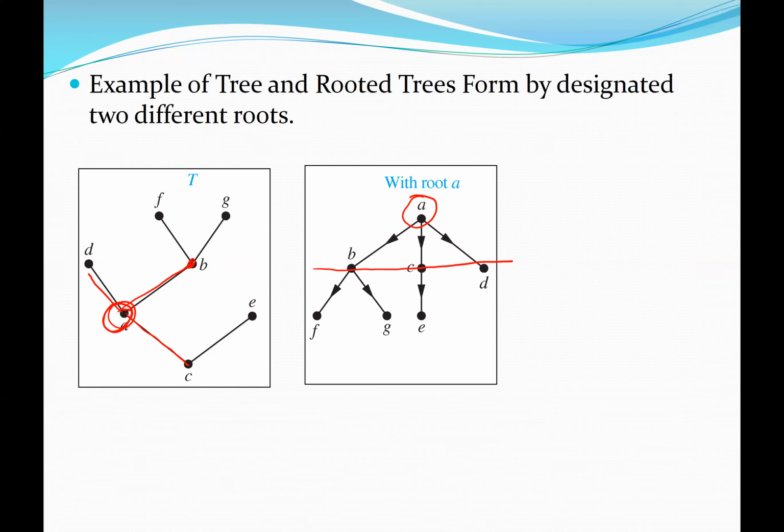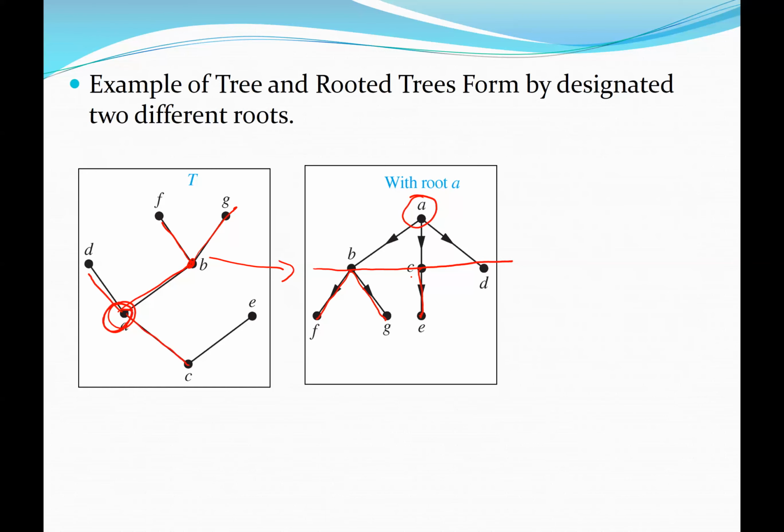B now reaches out to F and G. D doesn't reach out to anything, so it ends right there. And C reaches out to E. So you can see they're all connected the same way, but presented differently. That's with root A.